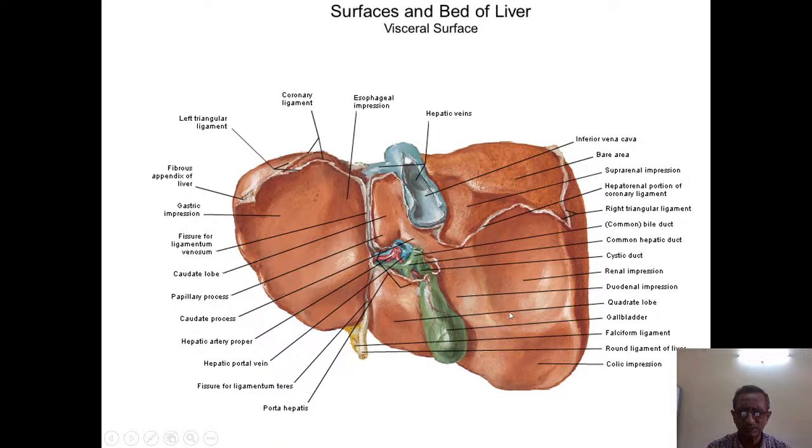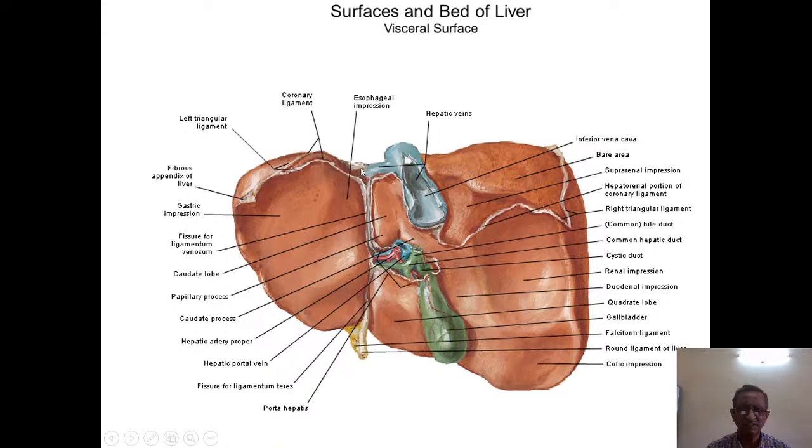This is the impression of the duodenum, and then this is the renal impression, suprarenal. So suprarenal, renal, and duodenum, and of course colic flexure, are the four organs that are in relation to the right lobe. Whereas on the left lobe it is the gastric impression and esophageal impression, only two we are having on the left side.